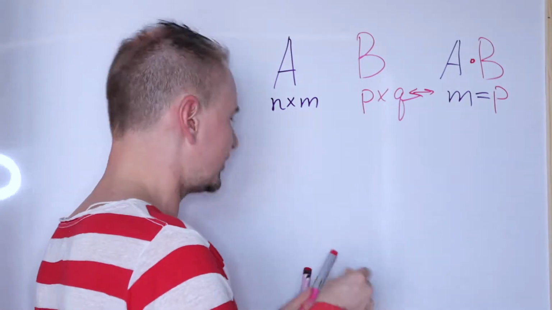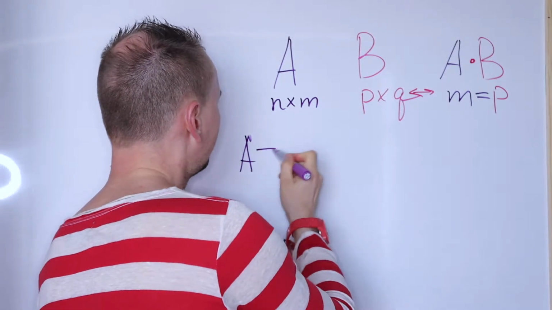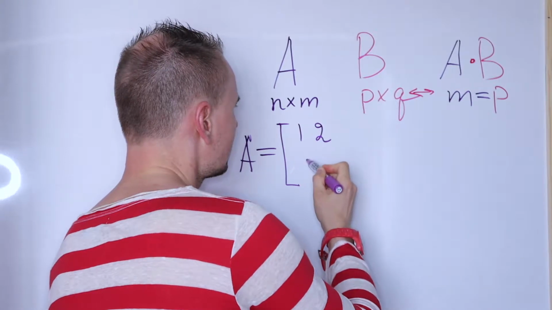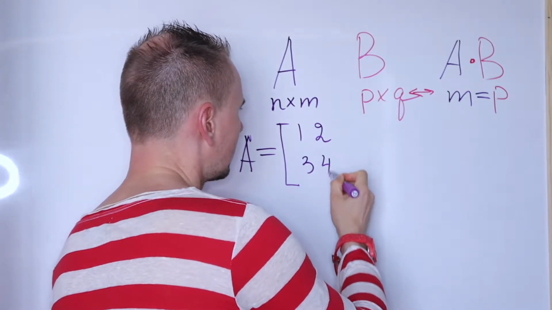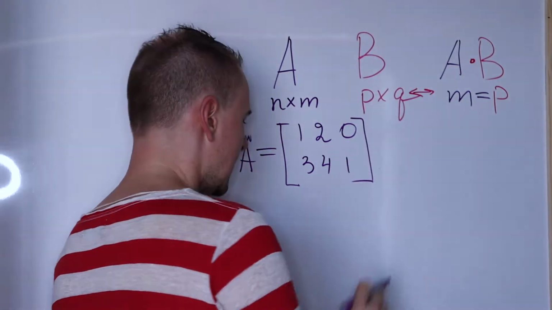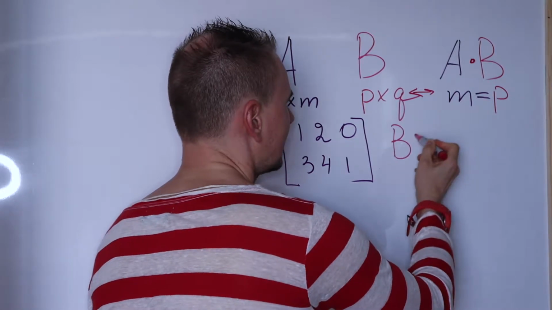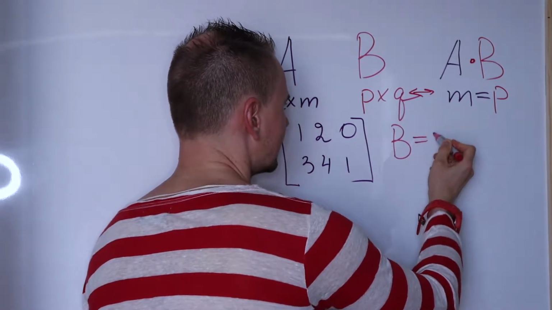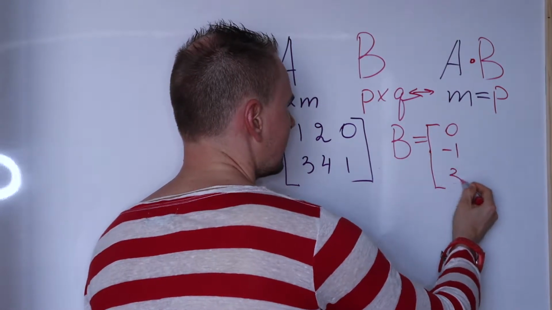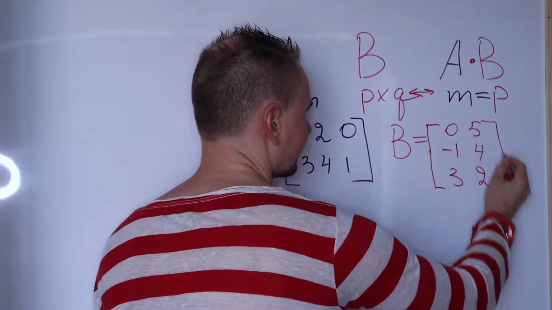Say you have matrix A containing the following elements: 1, 2, 3, 4, 0, 1. And say you have matrix B containing the following elements: 0, minus 1, 3, 5, 4, 2.